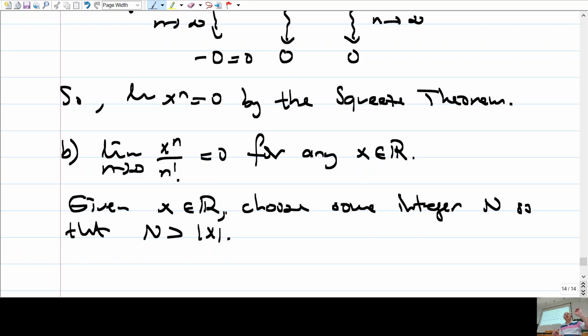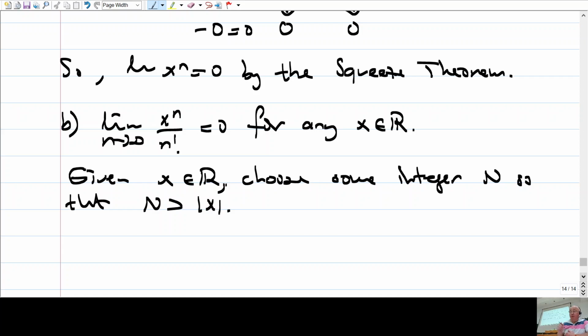No matter what x is, once you give me a real number, I can always find an integer larger than that real number. So let's fix that number, one of them. There are, of course, many integers larger than the absolute value of x. I just fix one of them.